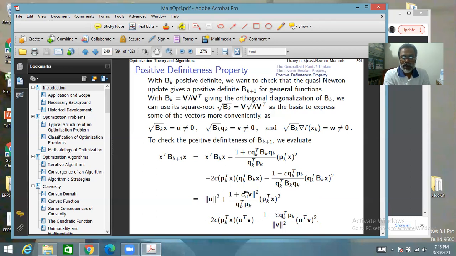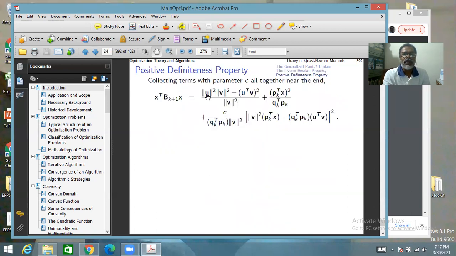The other two terms from here, this one, from here, this one, and this completely, they will be together on the right side with C related terms. So these two together we put and this separately. So this is the negative part from the last term, which we have put together with the first term. Second term remains as it is, and all the C related terms together come like this. Check this a little carefully.